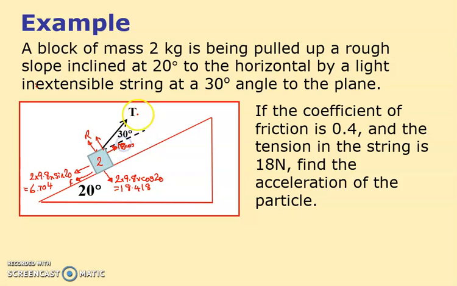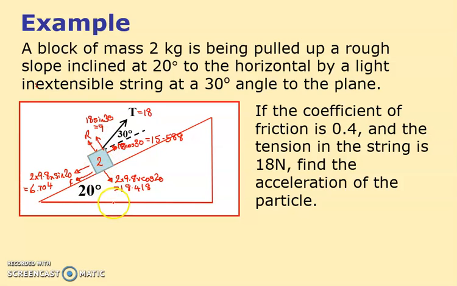So I'm going to write 18 cos 30. 18 times cos 30 is 15.588, and going this way it's 18 sine 30, and the good thing about that, sine 30 is a half, so even I can work that out.